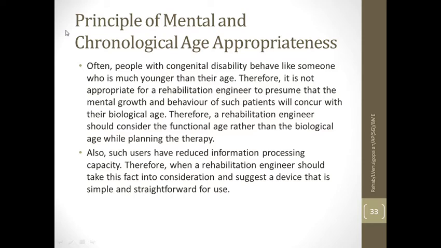So with users such as these who have reduced information processing capacity, the assistive device that we are suggesting would still be beneficial to them. So, as a rehabilitation engineer, it is very important to consider the functional age and the fact that they have reduced information processing capacity, and suggest a device that is simple and straightforward for use.